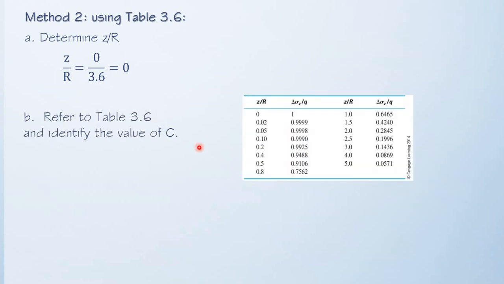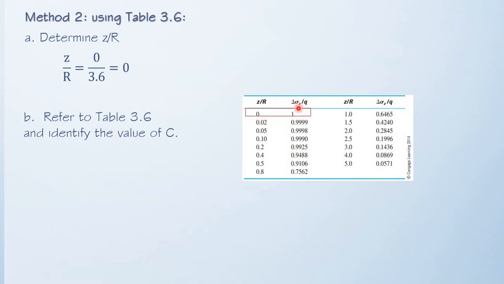Let us consider method 2, which is the use of the table. So the first step is we determine the ratio between the depth and the radius. So that is Z over R. Our Z is 0. Radius is 3.6. So 0 divided by 3.6 is 0. From the table, the value of Z over R is 0.